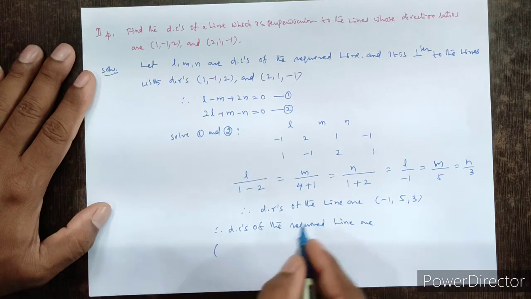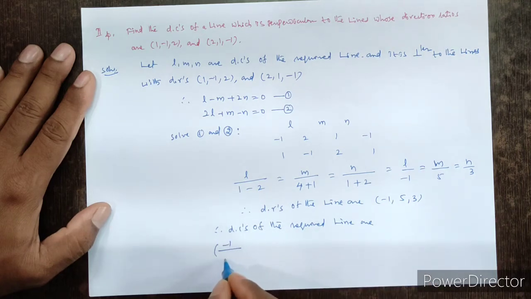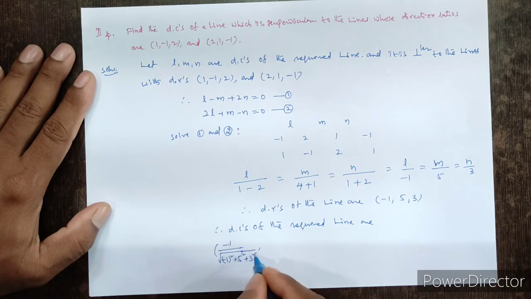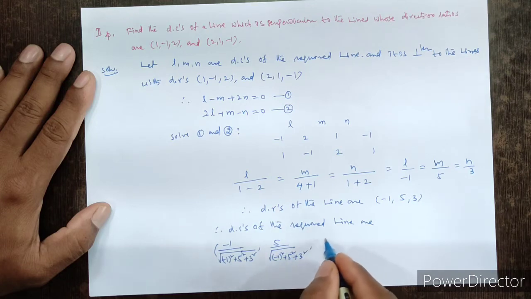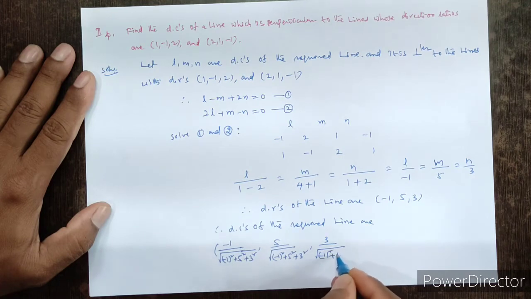By the formula, minus 1 by root of (minus 1) whole square plus 5 square plus 3 square, 5 by root of (minus 1) whole square plus 5 square plus 3 square, 3 by root of (minus 1) whole square plus 5 square plus 3 square.